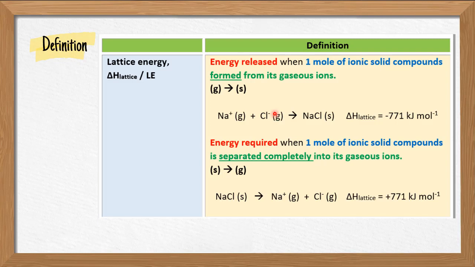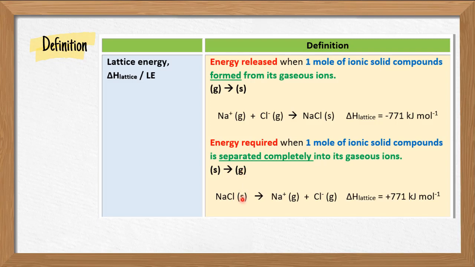The second definition for lattice energy refers to the energy required when one mole of ionic solid compound is separated completely into its gaseous ion. So energy required for bond breaking process, so from solid into gas. Very important that you take notes on the phases.